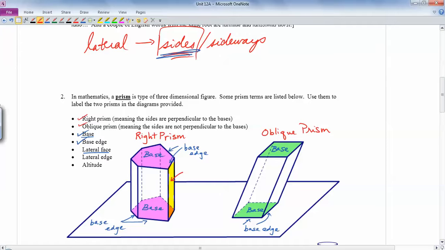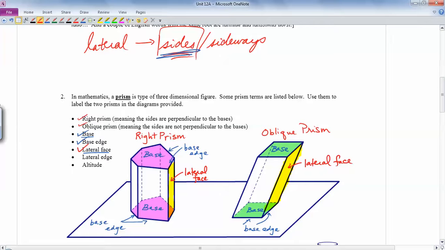This guy right there is a lateral face, a side of the entire shape. I'll do the same thing on this side too. If I highlight this one, I didn't do that very well, but you get the idea. This is a lateral face. So we got that taken care of.